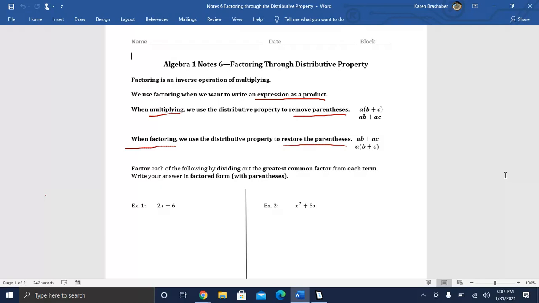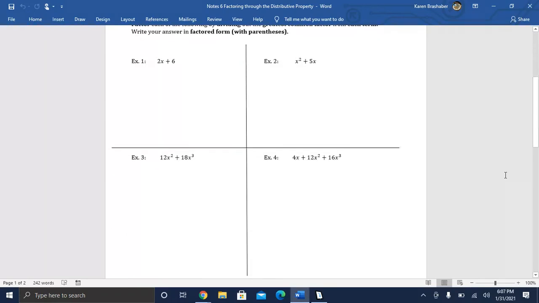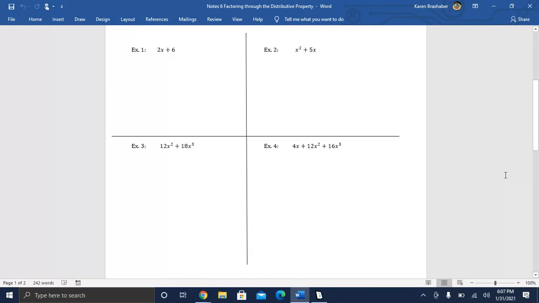So as we look at our examples, factoring is like dividing, except that we want to write our final answer as a product, so something that shows the parentheses. So we'll take a look at our first page examples, starting off with example number 1, 2x plus 6.